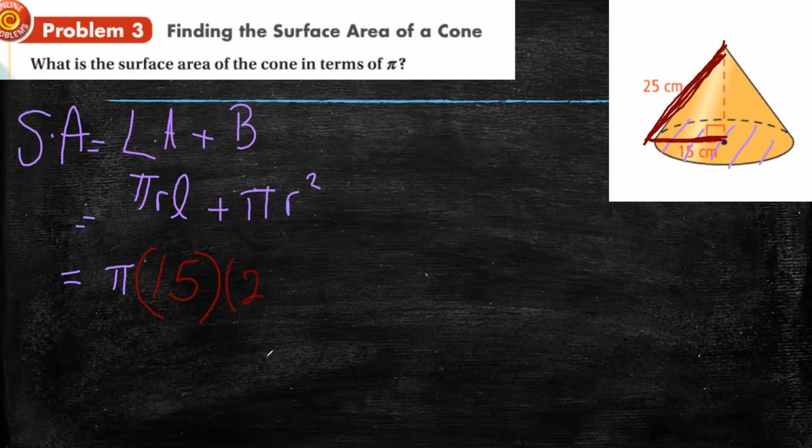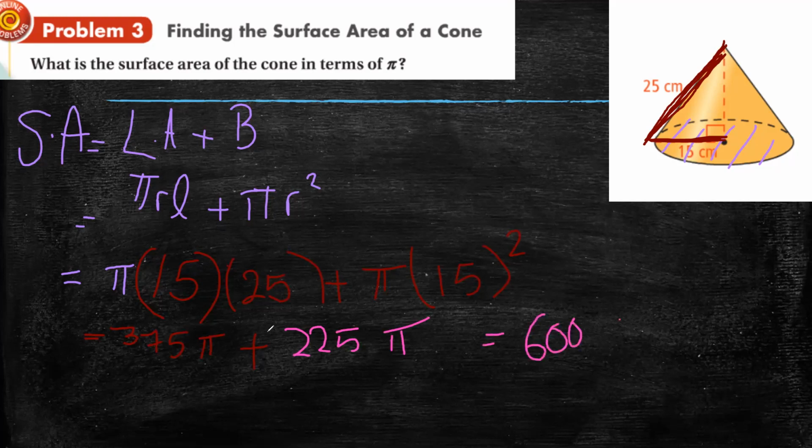It is 25, times pi times 15 squared. 15 times 25 is 375 pi, plus 15 squared, 225 pi. Let's add them to each other. The answer is 600 pi. So the surface area of this cone is 600 pi.